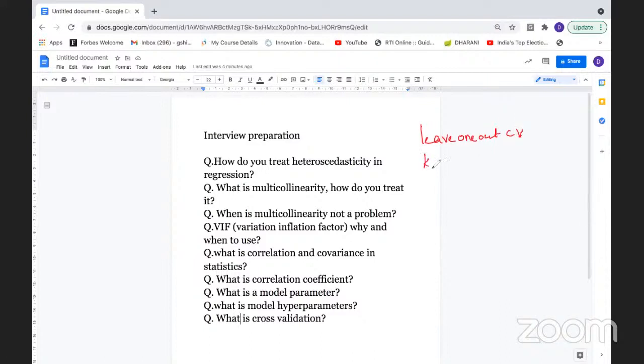We have k fold CV, right? So leave one out cross validation, and this is mostly widely used.